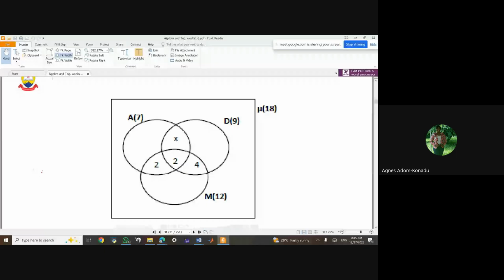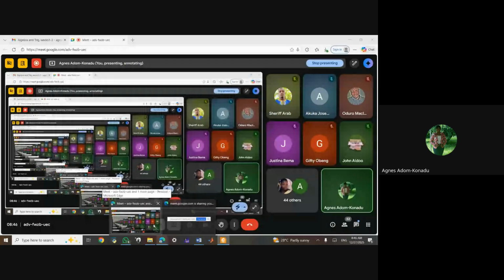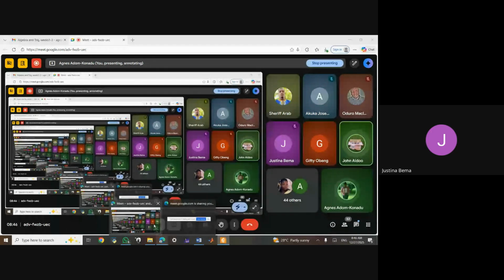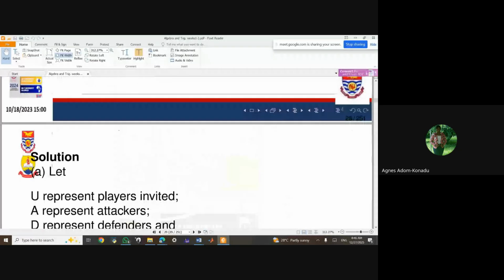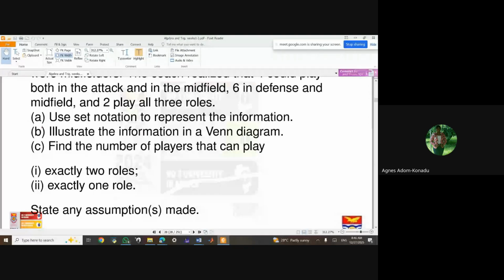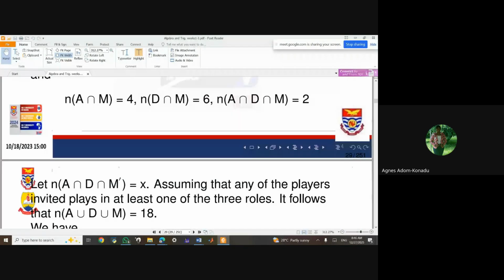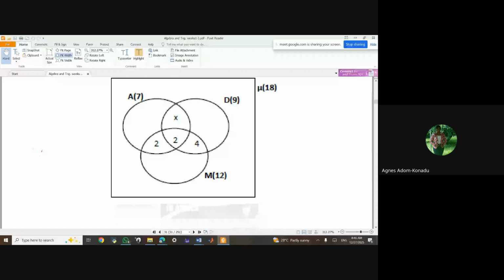So how do we get the exactly two? Madam, please, how do we get the exactly two? Because in the question we are asked to find those who can play exactly two roles and exactly one role.